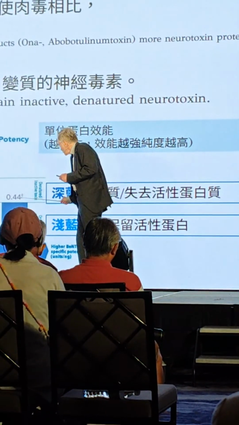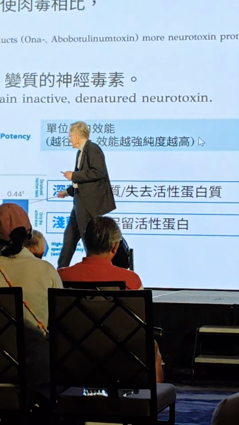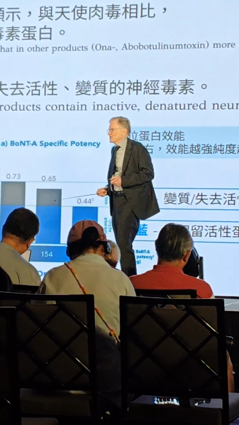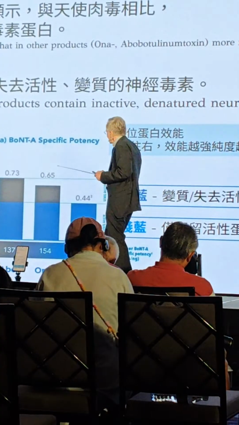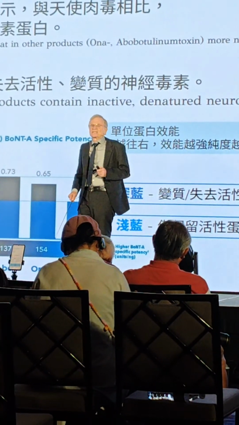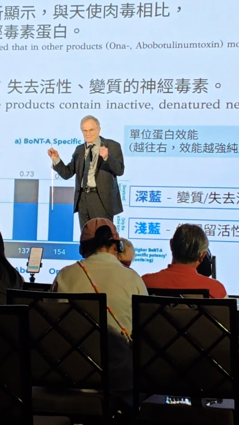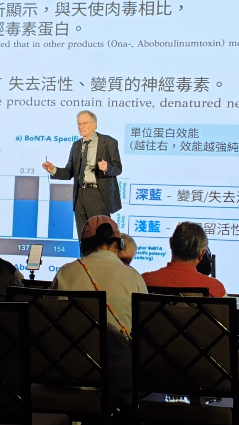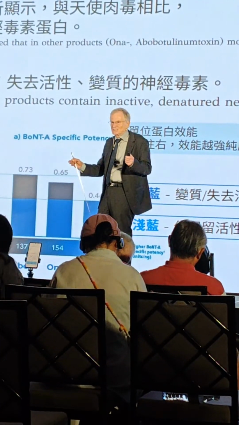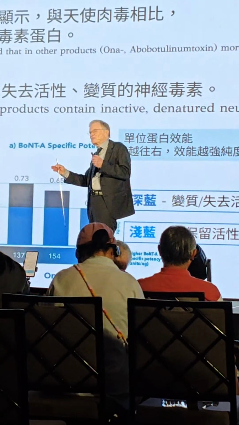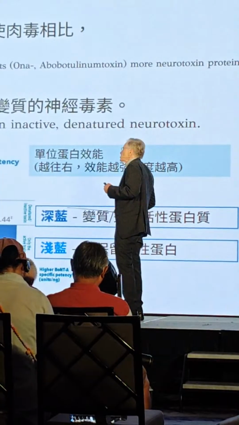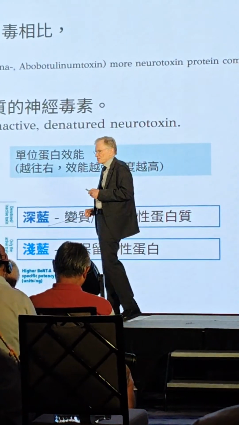We see 0.44 nanograms in Xeomin, whereas in Botox it's about 50% more. What's the explanation for that? The explanation is that in this product there is inactive neurotoxin, more core protein, which is not functioning in the therapy. It's inactive. It just sits around in the muscle, but it can be active for the immune system to stimulate antibodies. So this really demonstrated to us a special aspect of the purity of the core neurotoxin.